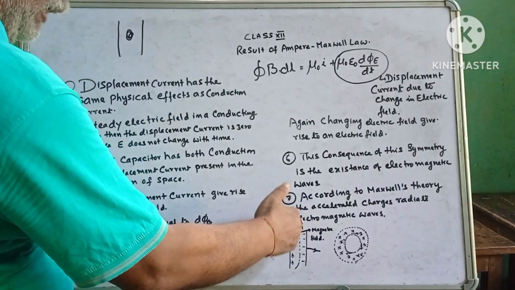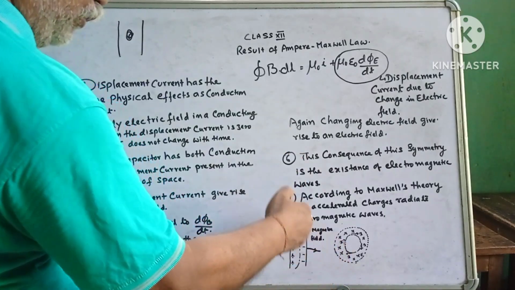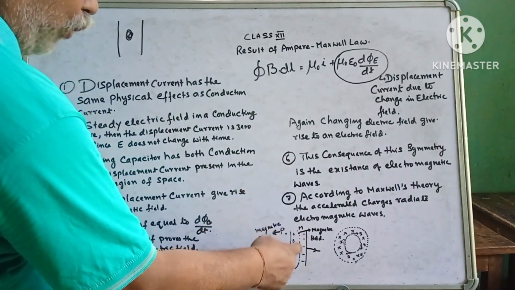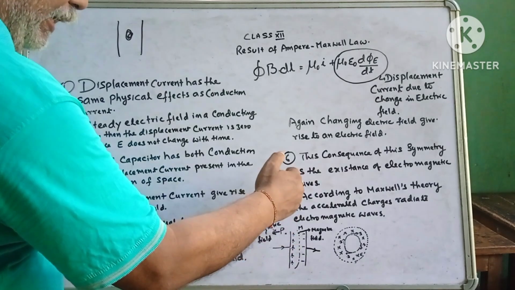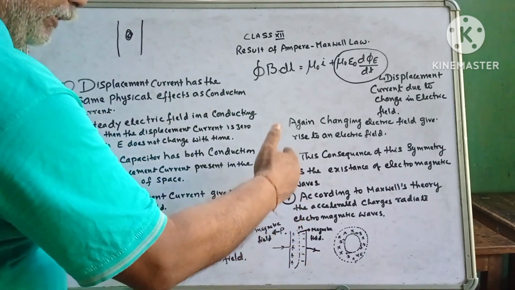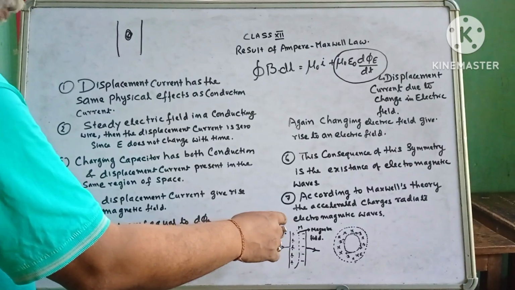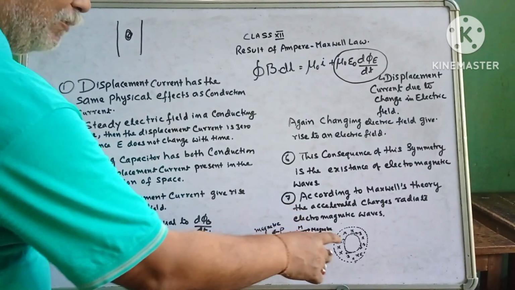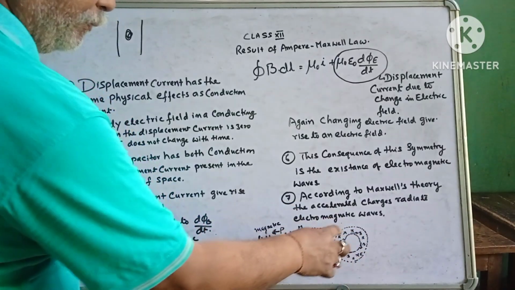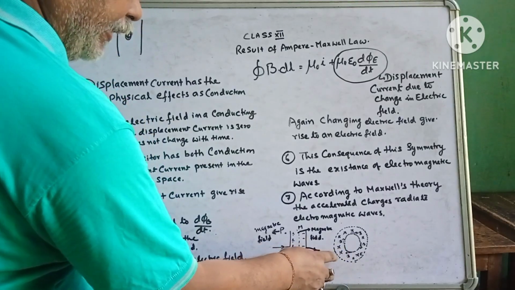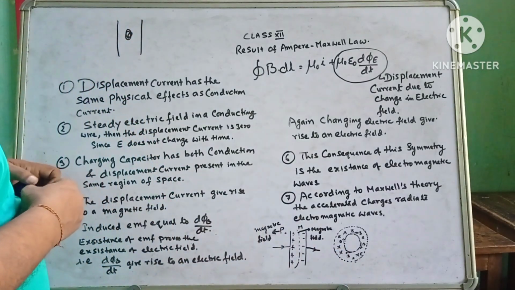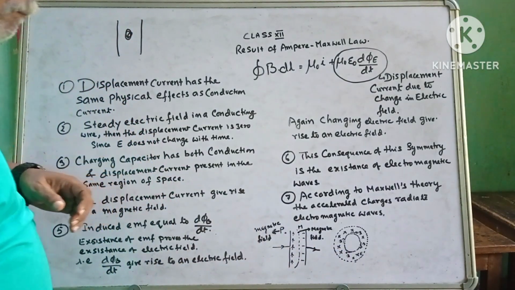This is the cross sectional view. If you take the cross section along this dotted line, you will get a circle. This dotted line and this dotted line are the same.